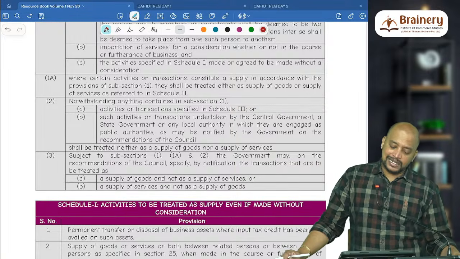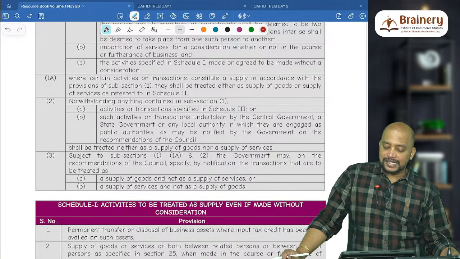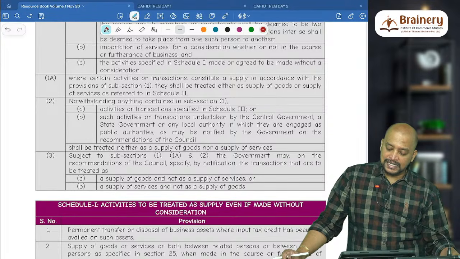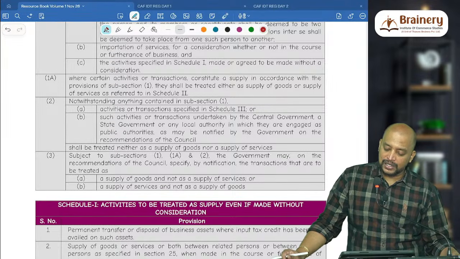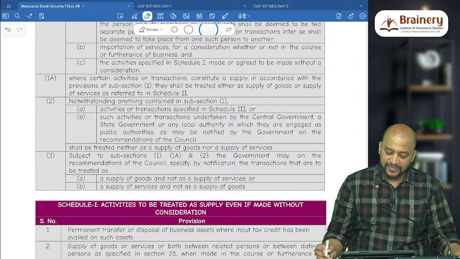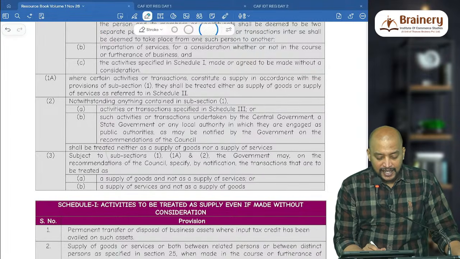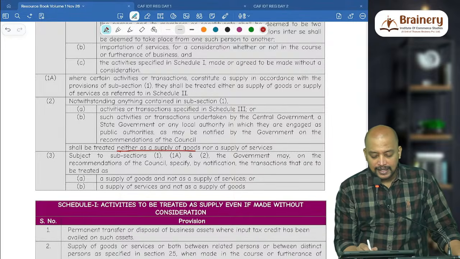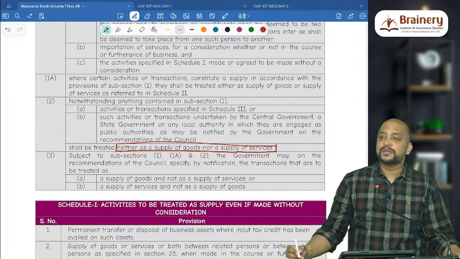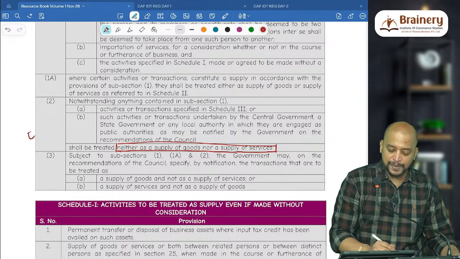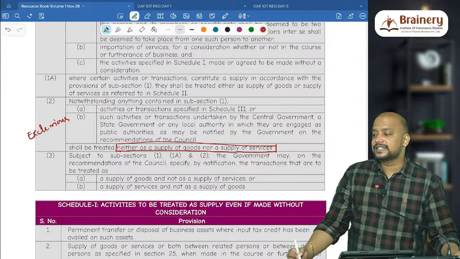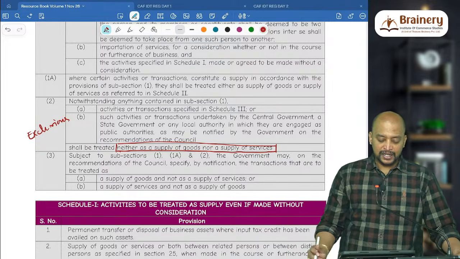Notwithstanding anything contained in subsection 1, activities or transactions specified in Schedule 3, or such activities undertaken by the central government, state government, or local authority in which they are engaged as public authorities, as may be notified by the government, shall be treated neither as supply of goods nor as supply of services, which means exclusions are given in 7 subsection 2.